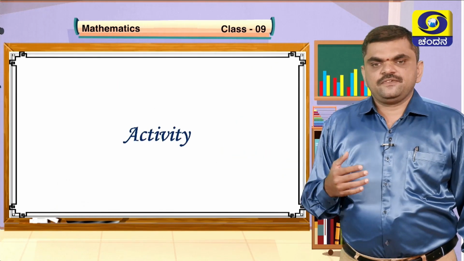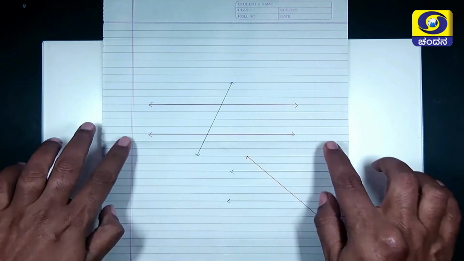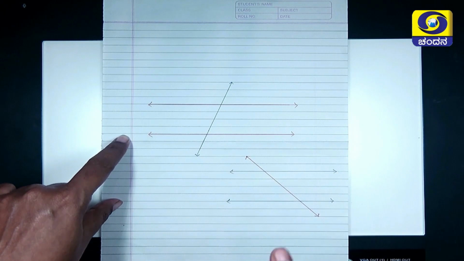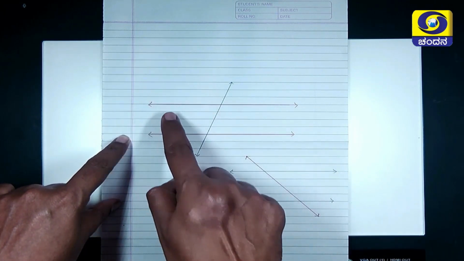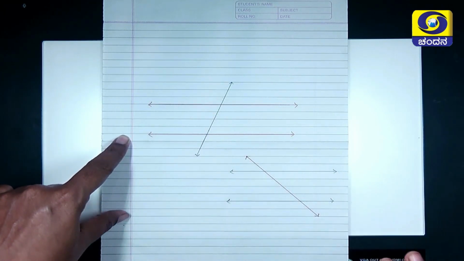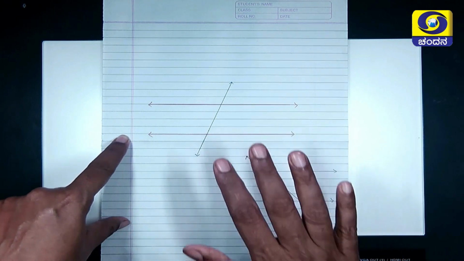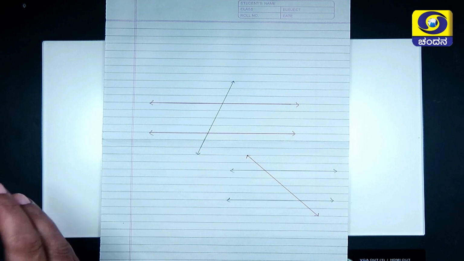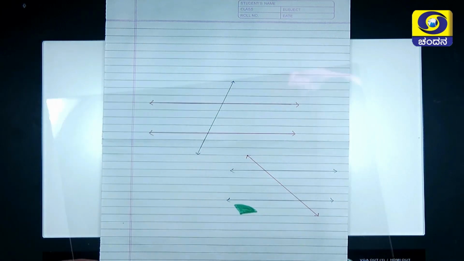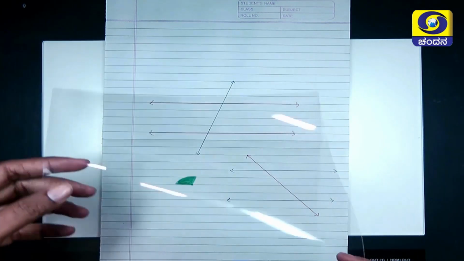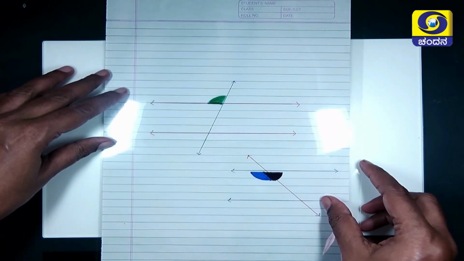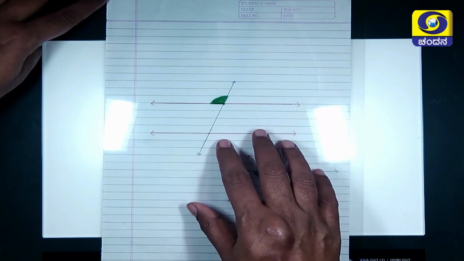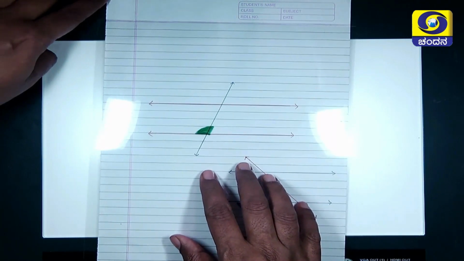Let's do one activity, children. This is a ruled paper you use to take down notes. In this, every horizontal line is parallel to the other lines. Draw two straight lines, then those two lines become parallel lines. Now draw one transversal. With this, you can verify that in any two parallel lines, a pair of corresponding angles are equal. Observe, children, here.